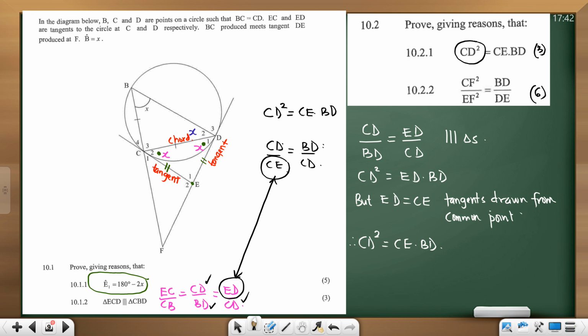BC. But will that help us here? Yes. How? CE is already there. You said BC is equal to CD. Yeah, but do we need it here?